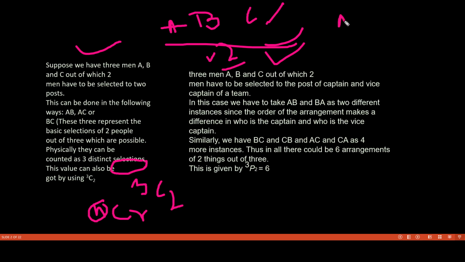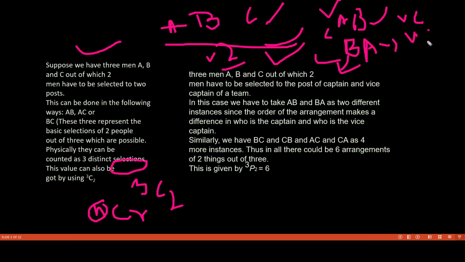Let's select A and B. Whether we select AB or BA does not matter in combination, but here let's select A for the post of the captain and B for the post of the vice captain. Another arrangement is when B is selected for the post of the captain and A for the post of the vice captain.